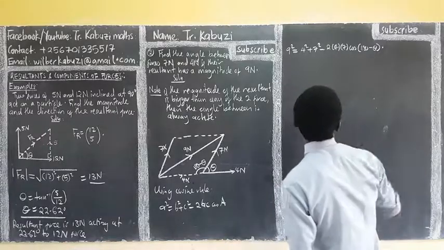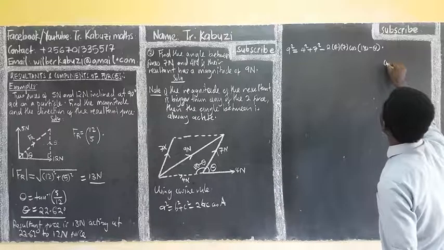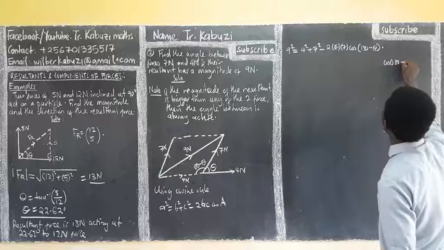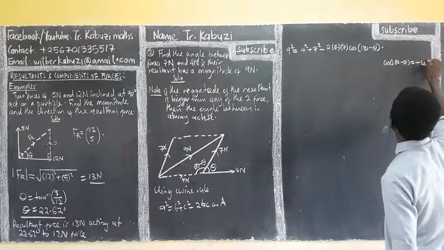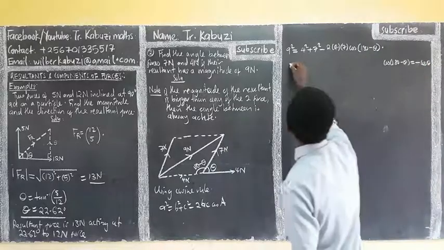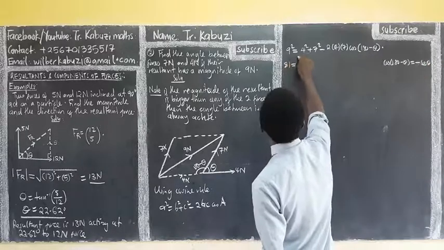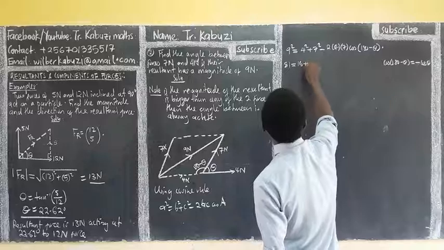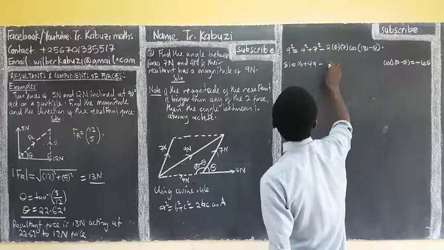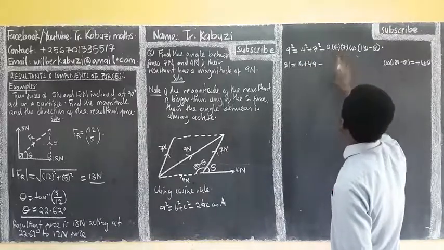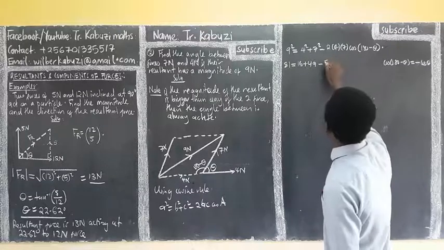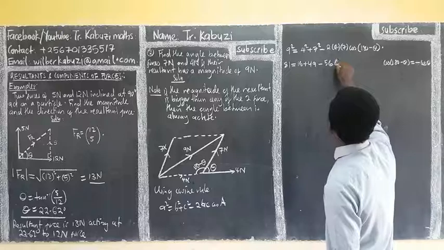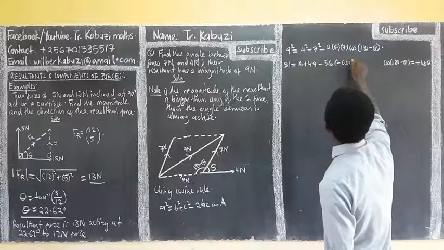Cos of 180 minus theta is always negative cos theta. So when I put it here, I have 81 equals 16 plus 49, minus 28 times 2, that's 56, then negative cos theta.